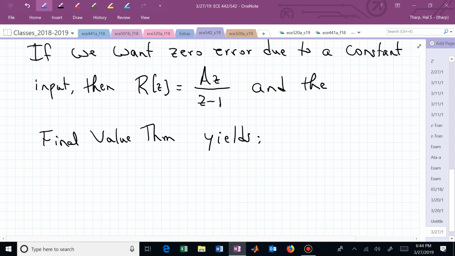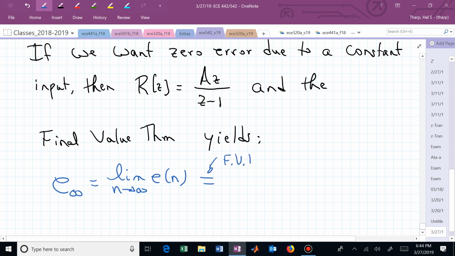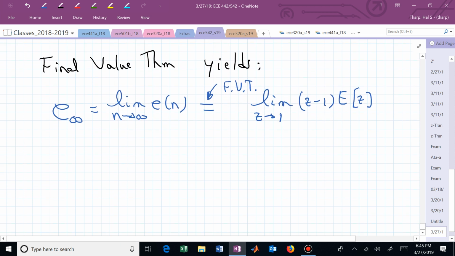The final value theorem yields the following. In the time domain, as n, little n, goes to infinity, our error signal E of n can be found by looking at the limit as z goes to 1 of z minus 1 times E of Z. Well, we have an expression for E of Z. Let's plug that in.